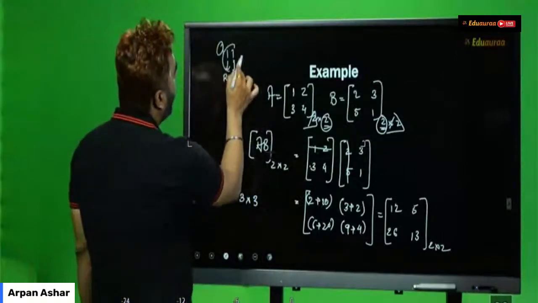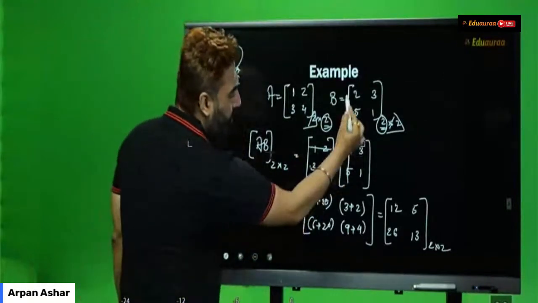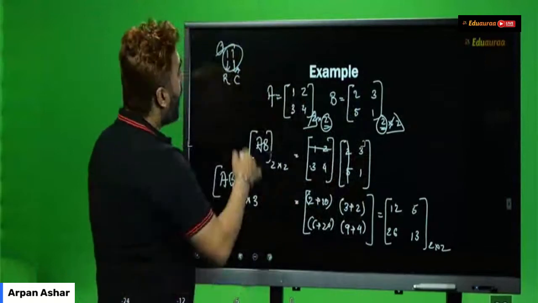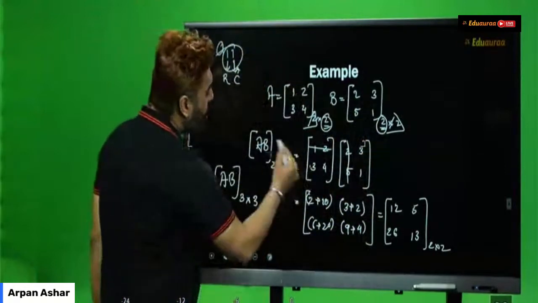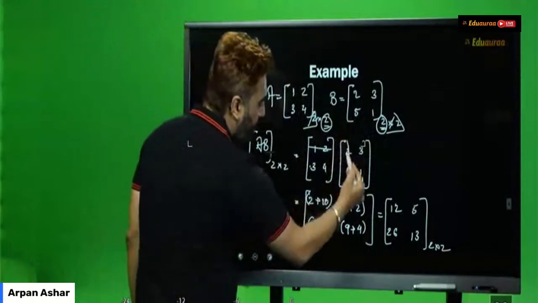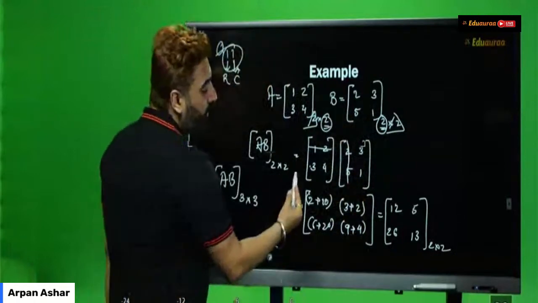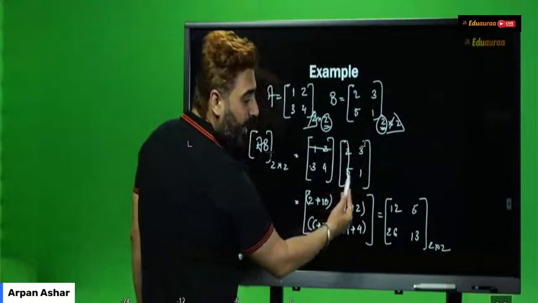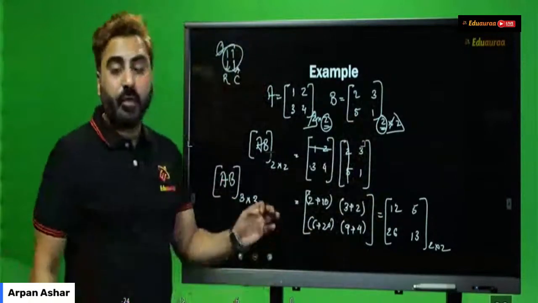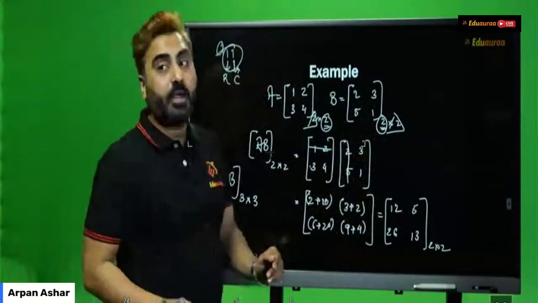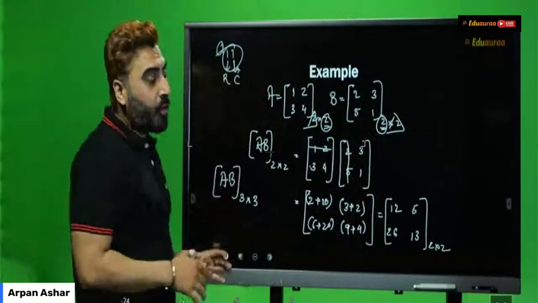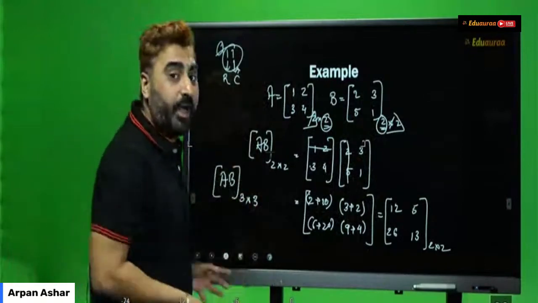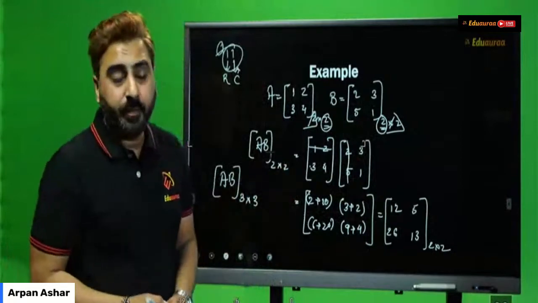Suppose if we are finding 1 1, तो फर्स्ट रो मल्टीप्लीकेशन विथ फर्स्ट कॉलम, 1 2 फाइंड करना है फर्स्ट रो सेकेंड कॉलम, 2 1 फाइंड करना है सेकेंड रो फर्स्ट कॉलम, और 2 2 अगर फाइंड करना है तो सेकेंड रो एंड सेकेंड कॉलम. And this is how we multiply two matrices. So students, I hope it is clear कि how to find multiplication of matrices.